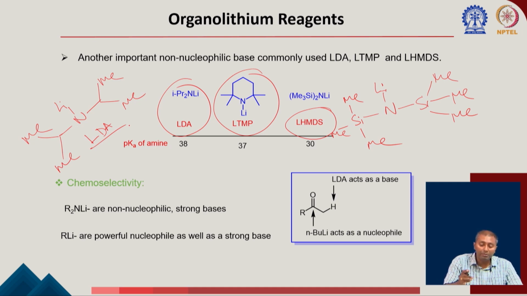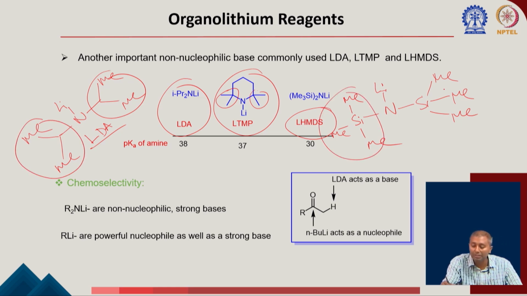Now if you see this structure, one of the important things is that next to the lithium, this carbon is hindered, correct? In the case of lithium TMP or LDA, you see there is a bulkier group, or in the case of LHMDS two silicon groups are here. Because of this bulkier group, for this type of organolithium species you can see their pKa values. So this is pKa 30, 37, 38, these are quite strong bases, correct?